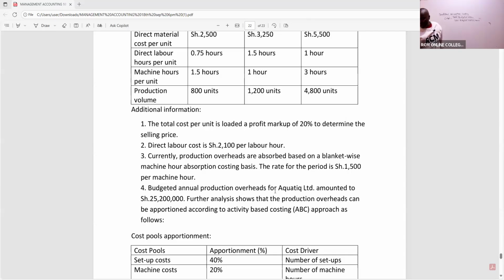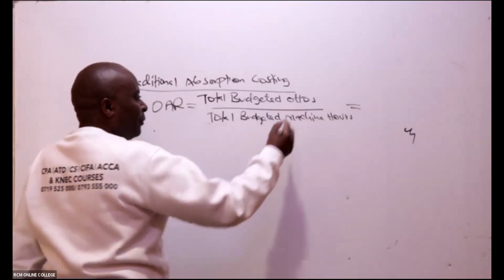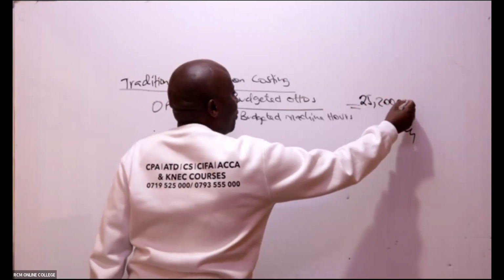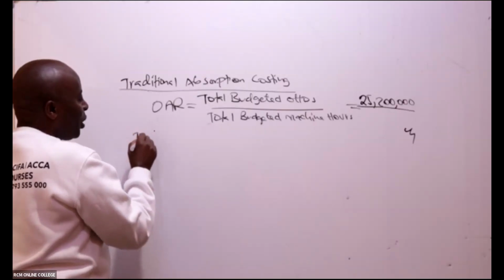Budgeted annual production overheads are 25,200,000. We don't have a problem with that.